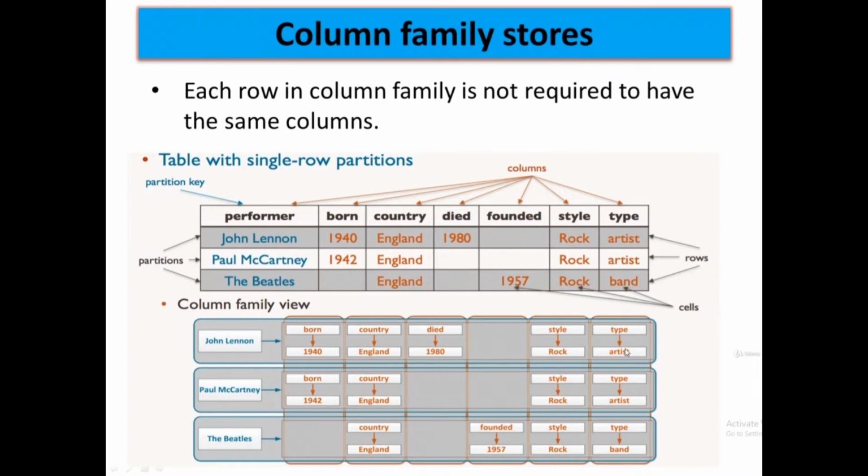So all these columns form the column family, and these are the rows, multiple rows in the column family. You can see that each row in a column family is not required to have the same number of columns. In the first row there are 5 columns, while in the second row there are only 4 columns. So this is allowed in a column family view, but it is not accepted in a relational database system.